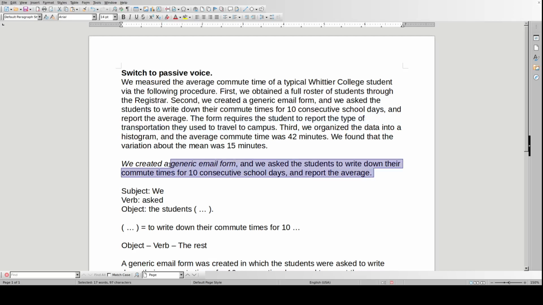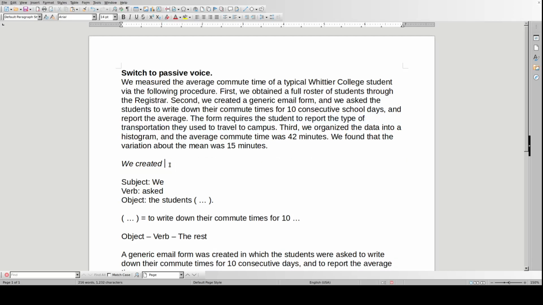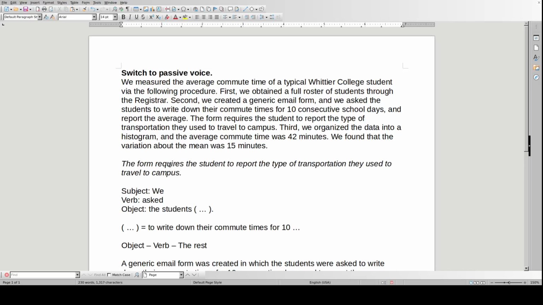So what we want to do is look at this active sentence. The form requires the student to report the type of transportation they used to travel to campus. The subject is the form, and then the verb is requires. And it says the student, I think what we really mean is the students to report the type of transportation they used to travel to campus.